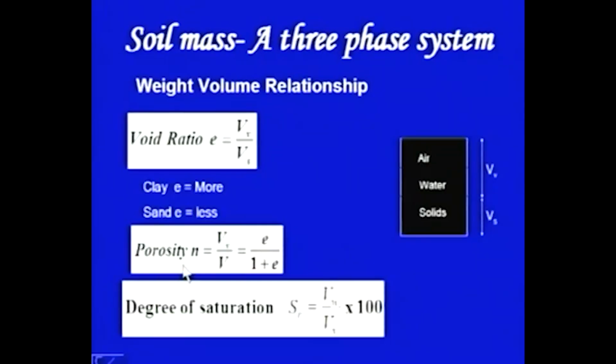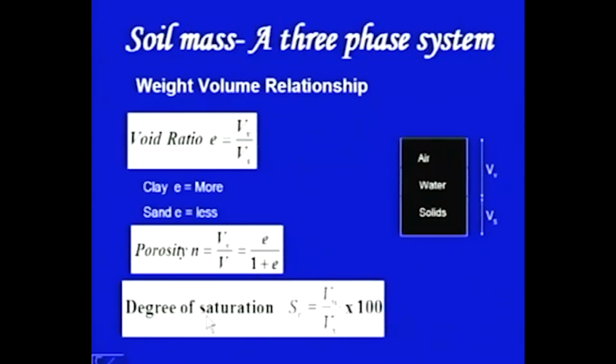The term porosity is defined as n equal to Vv divided by V, where V is the total volume of the soil mass. So, it is a little bit different from void ratio, where void ratio was Vv upon Vs, and here V is nothing but Vs plus Vv. So, the porosity n will be equal to e upon 1 plus e.